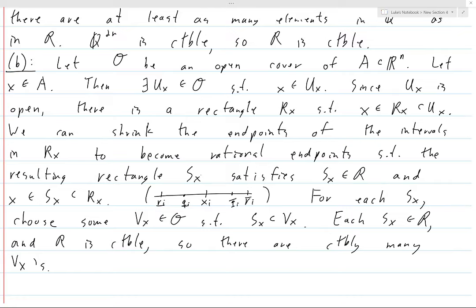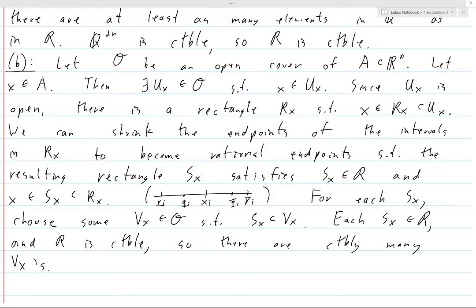And this has to happen because there are uncountably many points that you can choose from, but only countably many Sx's. So uncountably infinitely many of those points are going to end up sharing the same Sx. And so that's where the real condensation happens. And then, of course, for each Sx, you choose a particular Vx. All right.